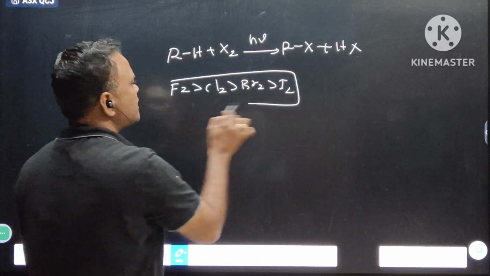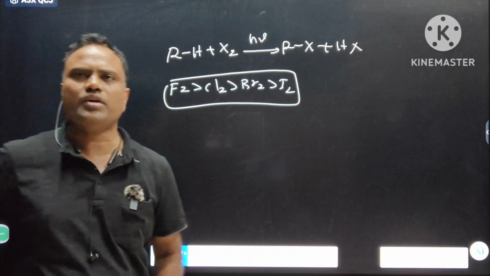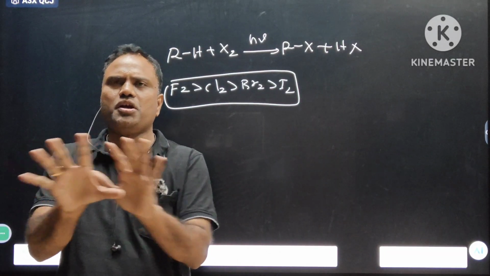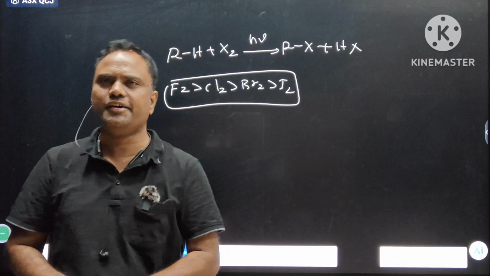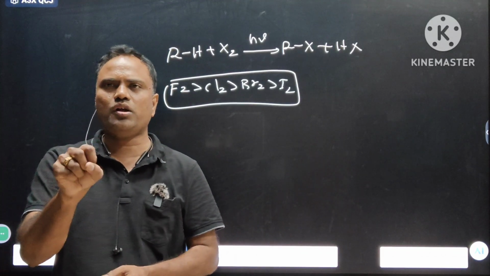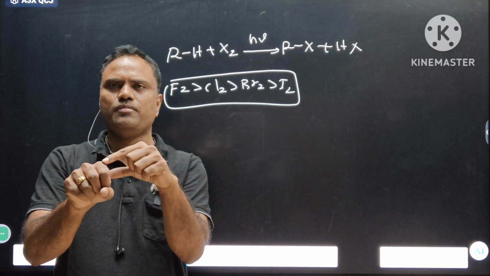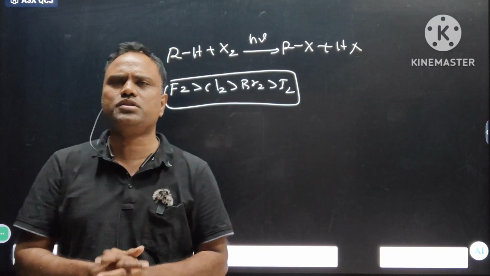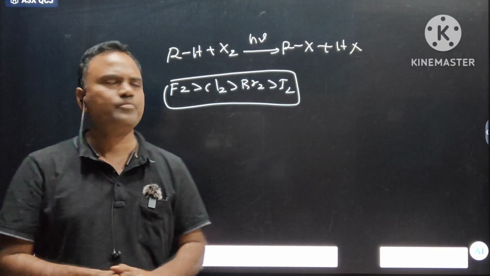This is the order of reactivity of halogens towards alkanes. It means when you take alkane and add fluorine, it reacts immediately and produces alkyl halide. When you take alkane in one beaker, add fluorine and keep it under sunlight, you will get alkyl fluoride spontaneously, instantaneously, right?